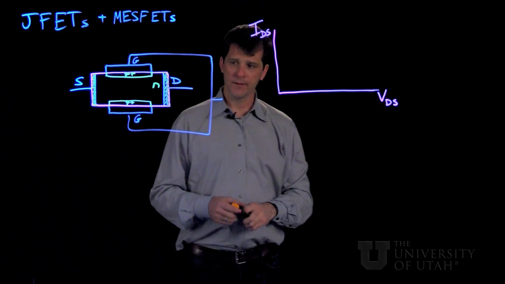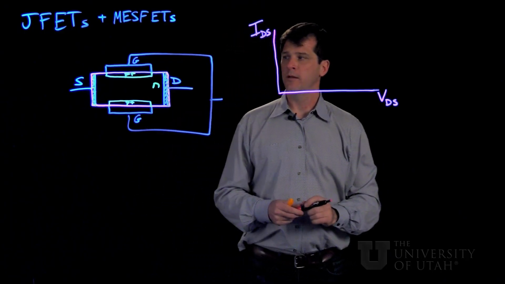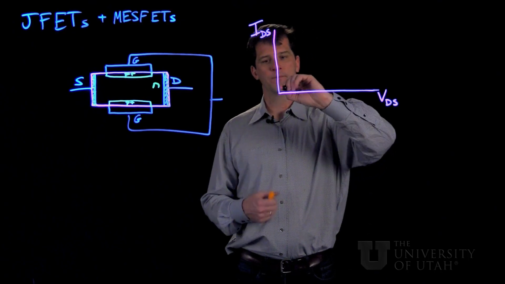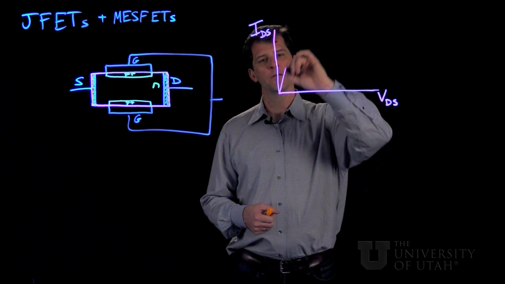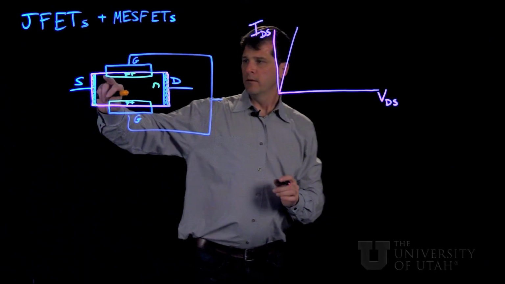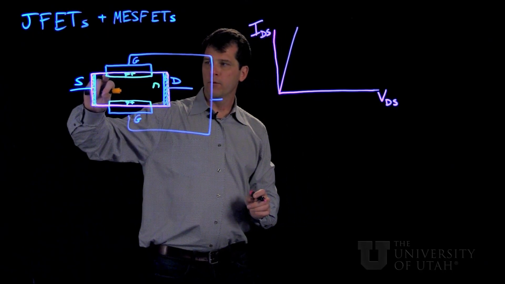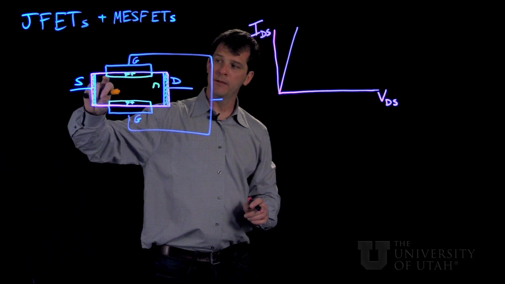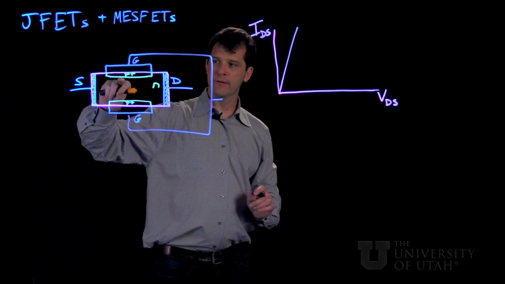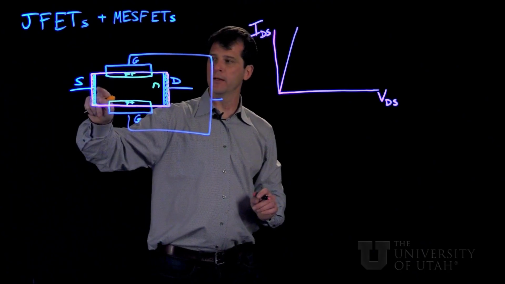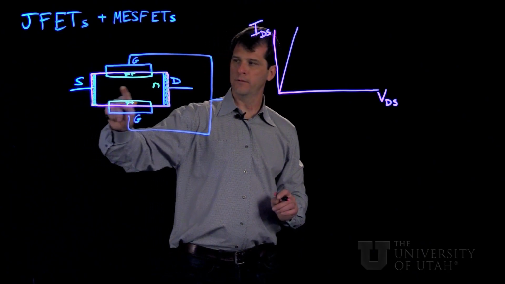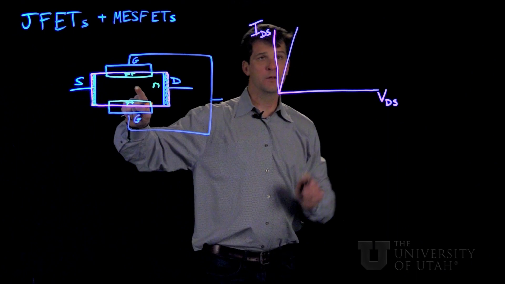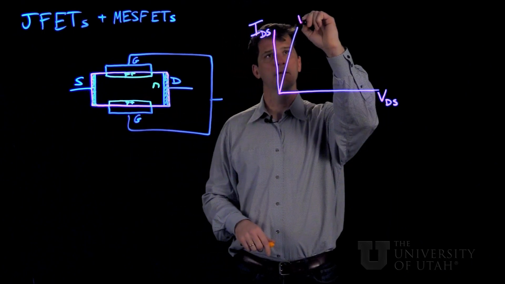And we're going to investigate this as a function of gate bias. So for no applied gate bias, both of these depletion regions around these 2 PN junctions are very small, and so this channel is mostly open, and we get easy conductivity between the source and drain. Thus, we get high current.